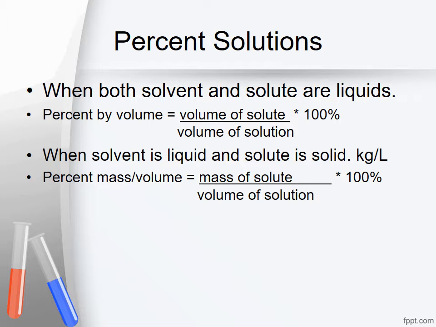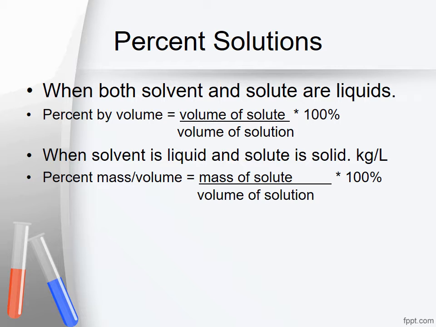And that would mean that for every 3 milliliters of peroxide, there are 97 milliliters of water. It's a 3 to 97 or 3% solution. That's percent by volume, is volume to volume.